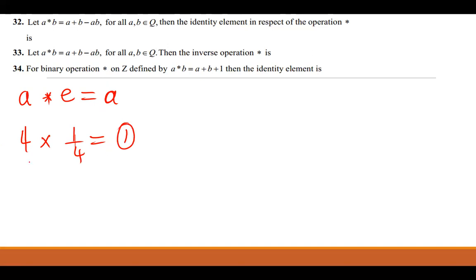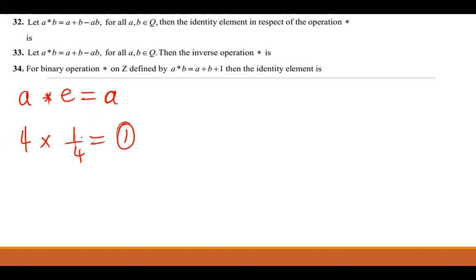So when we say we don't have the identity element, we can simply say the inverse also does not exist.